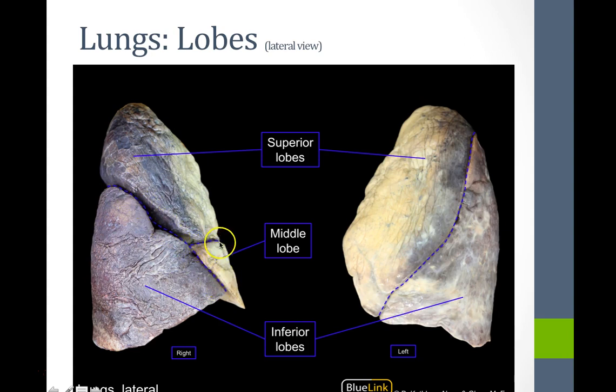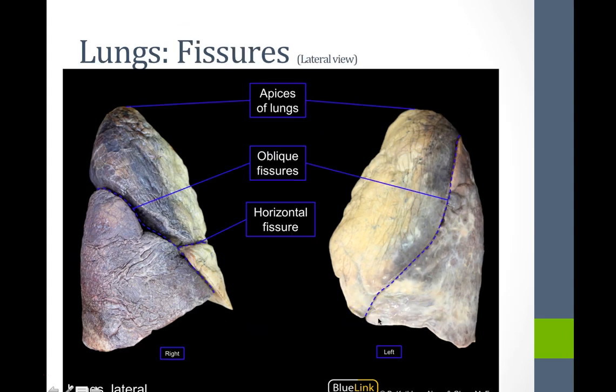And this dashed line over here, that would be your horizontal fissure. Good. Then if we look at your left lung here, this would of course be your superior lobe, your inferior lobe over here, and this dashed line would be your oblique fissure. This is just an image illustrating the fissures, and then of course the apex of the lungs.